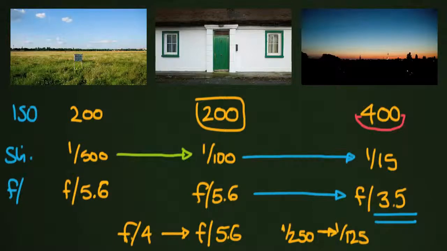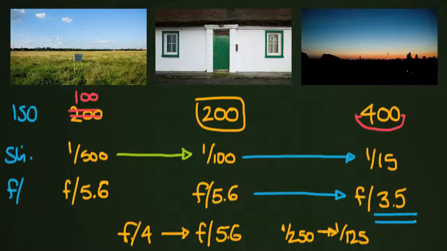And that is a really important thing to remember, because your ISO speeds are also one stop apart. So if this was 100, for example, instead of 200, you would have to change this shutter speed.